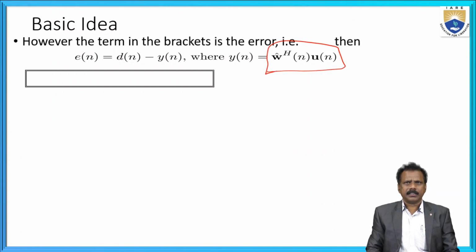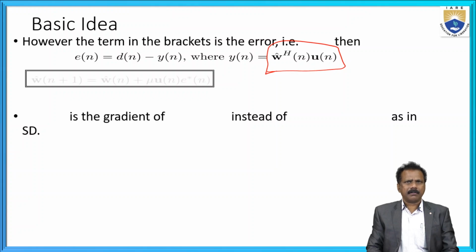However, the term in the brackets is the error. Okay, so the error then is, you are ready to identify that the SD value is involved here. W cap of n plus 1 is equal to W of n plus mu u of n d power into n. So this is the gradient.